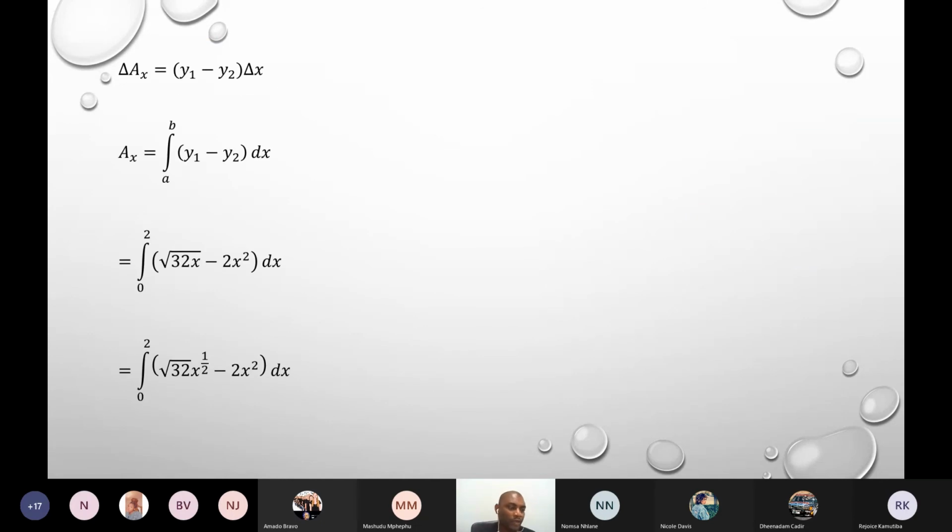Okay, so this part we've done. This is our calculate area. Area is y1 minus y2. Now remember, I have to make y the subject of the formula. I know that y squared was equal to 32x, so I made y the subject of the formula.